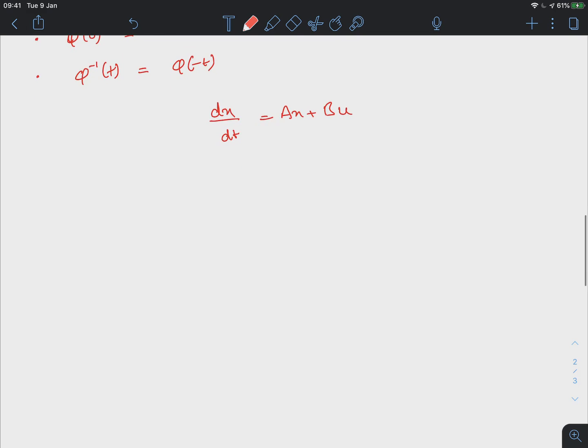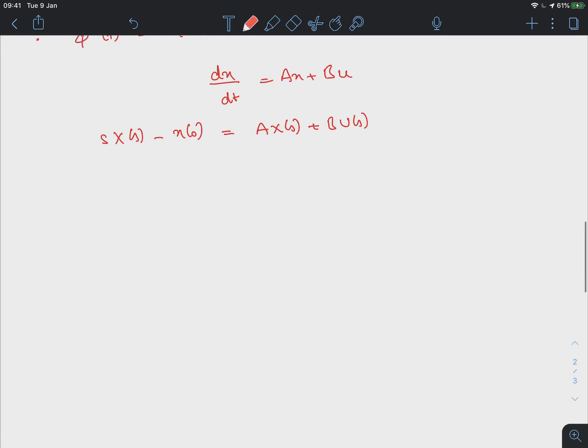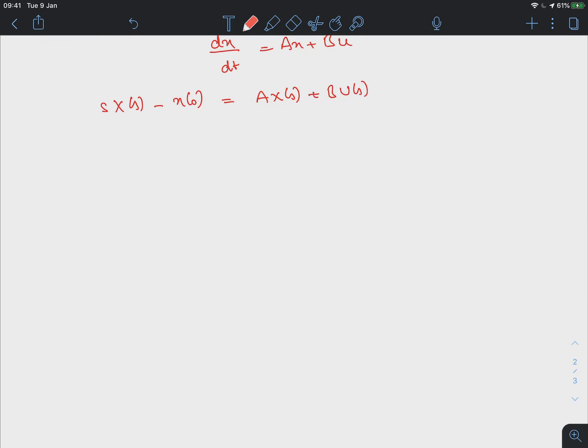Again, analyzing the solution of this system by taking the Laplace transform, I can take the Laplace transform on both sides of this equation to write sX(s) minus x of 0, and on the right hand side I would have BU(s). Computing X(s) from this equation, I would have X(s) is equal to (sI minus A) inverse x naught plus (sI minus A) inverse BU(s).